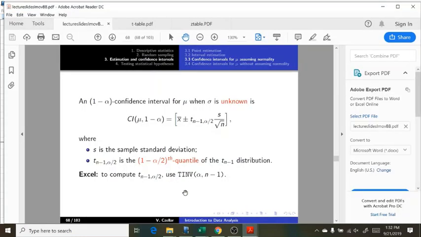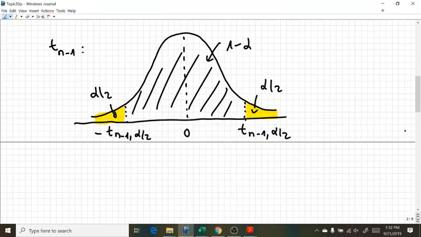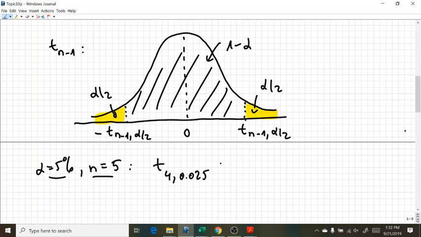Well, with Excel, we write TINV, and then we specify in parentheses alpha and n minus 1. So let's calculate it for alpha 5%. Let's take n equal to 5. Then my corresponding quantile will have n minus 1 equals 4 degrees of freedom, and we have 2.5%, so 0.025.